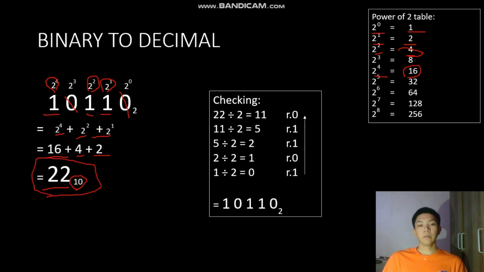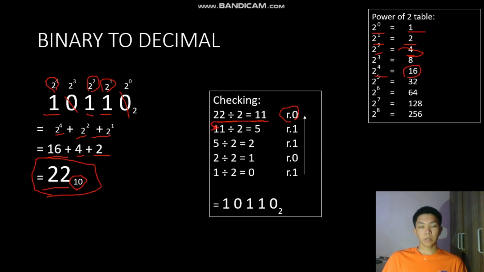So for the checking, we have this 22, right? So to go back to binary, we have to divide it by 2. So we come up with 11. We have no remainder, so the remainder is 0. Then 11, we divide it by 2.